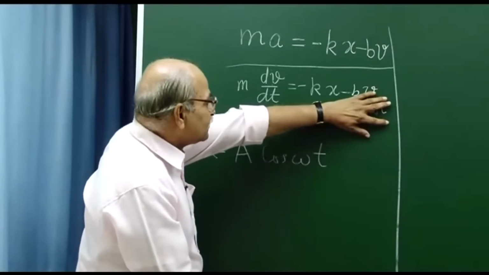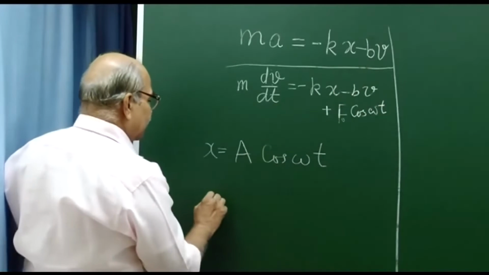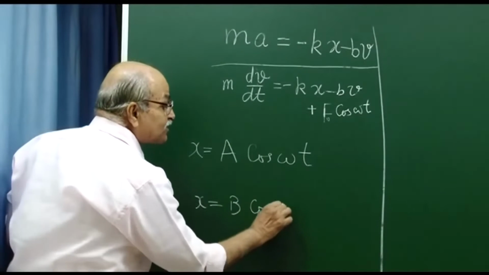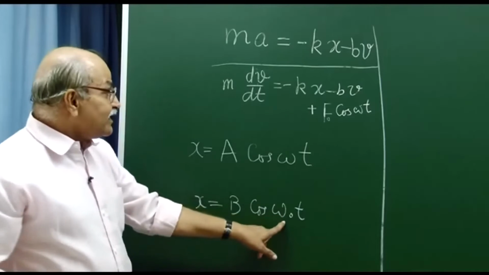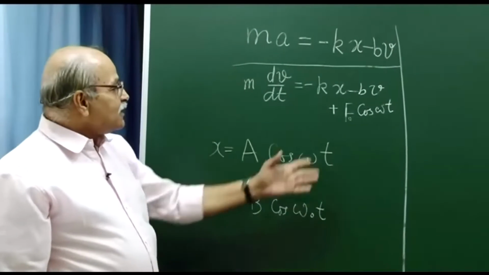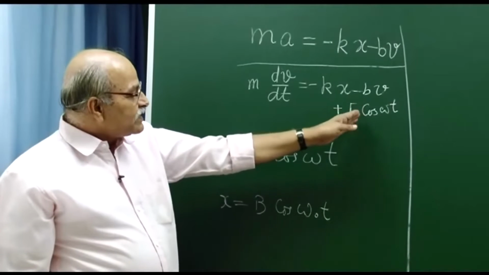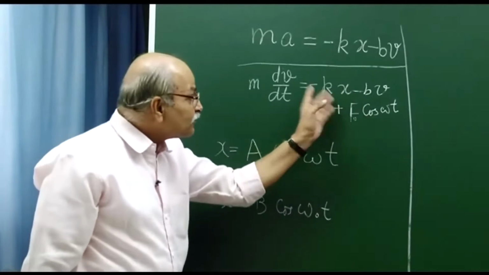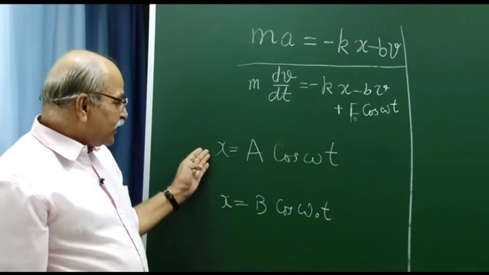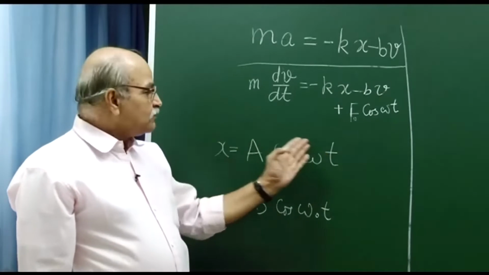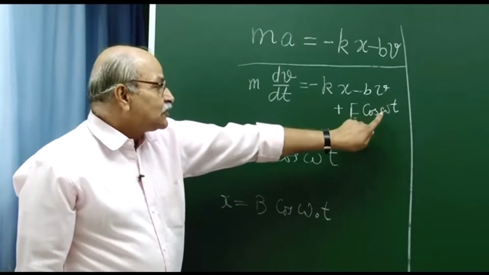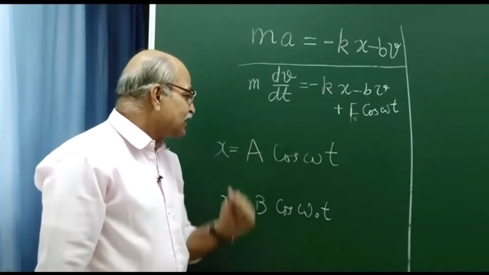If the external force and damping are not there, then your x is some other constant, let us say A, times cos of omega naught t. This omega naught, the square root of k by m, is the natural frequency. But if the periodic external force is there apart from the restoring force and some damping is there, you again have a periodic motion, but then the frequency is omega.